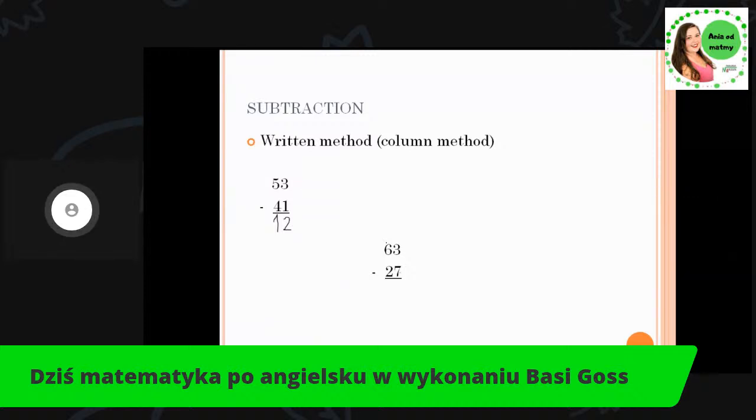If we borrow from 6, we're going to have 5 left in the tens column. And in the units column, we're going to have 13. 13 minus 7 is 6. And 5 minus 2 is 3.